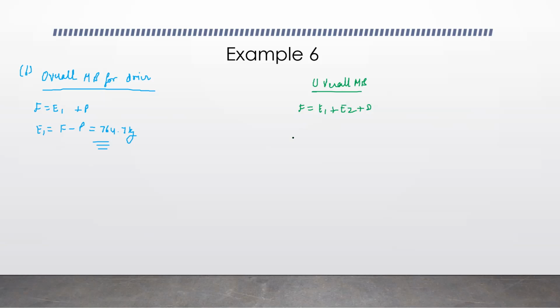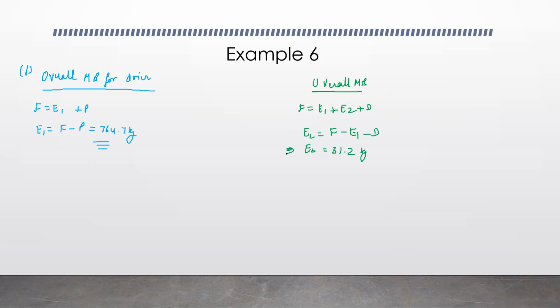So when we do that, we get E2 is equal to F minus E1 minus D. So F also we know, E1 also we know, and D also we know. So from this we get E2 as 31.2 kg.